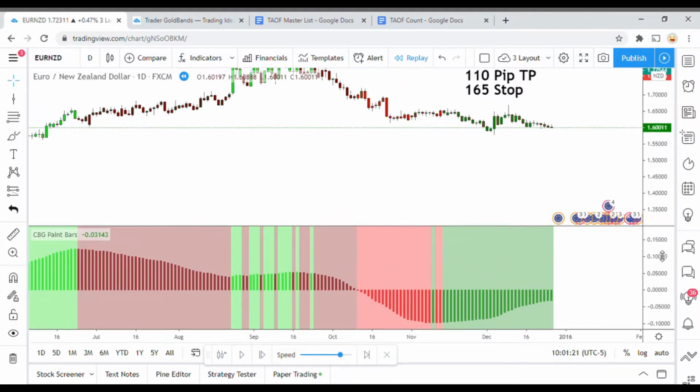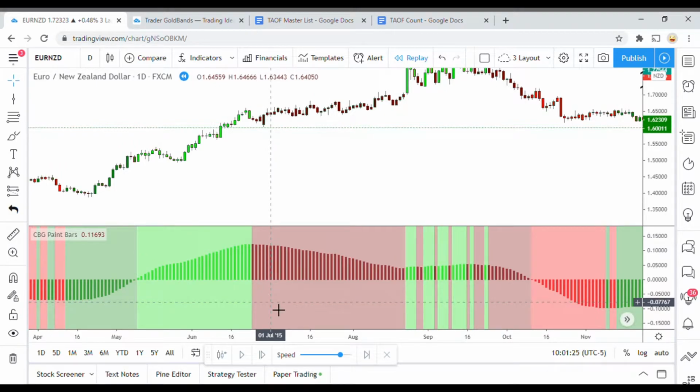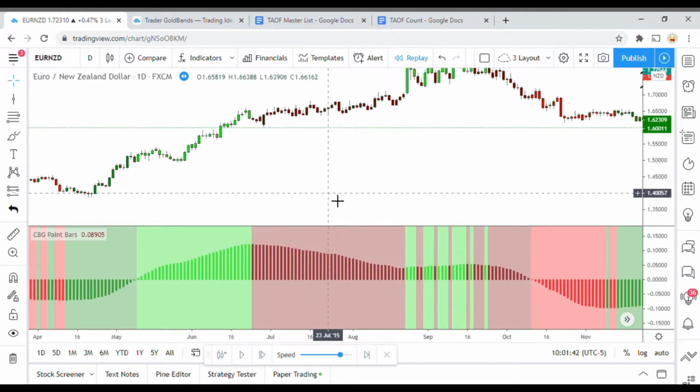You could use this in a few different ways. You could use this as a divergence type setup if you wanted to. You get an idea of the momentum in the price action, and that's what divergence is.